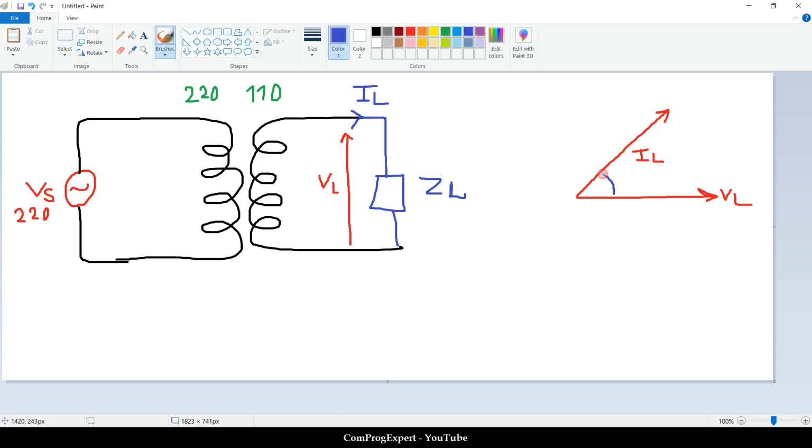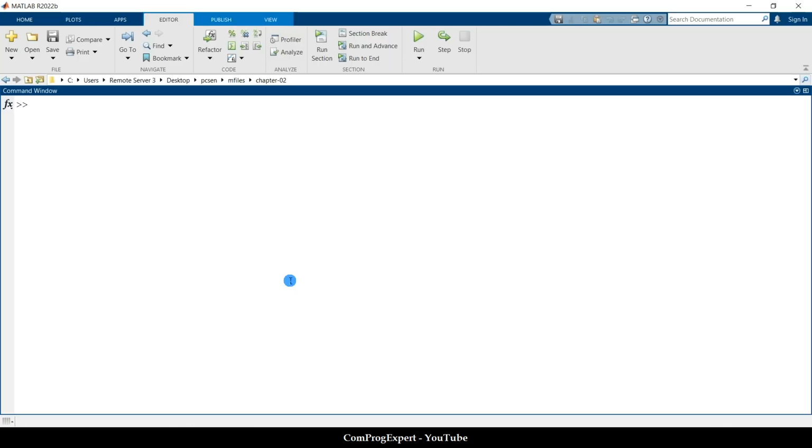How much is this angle, the phi angle? The phi angle is the cosine inverse of 0.8.